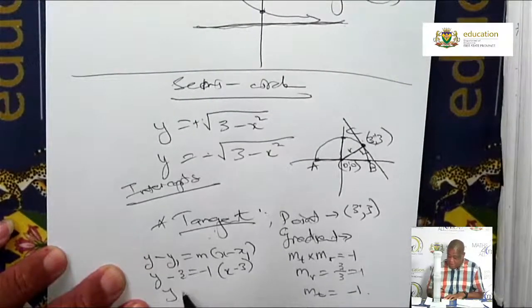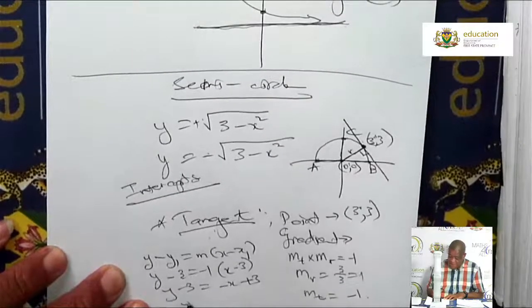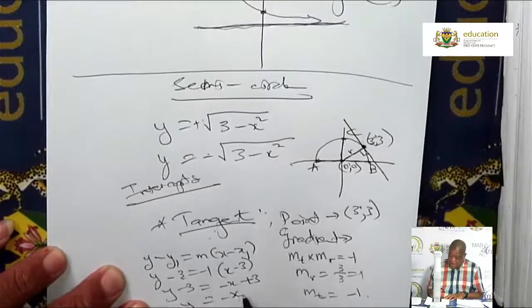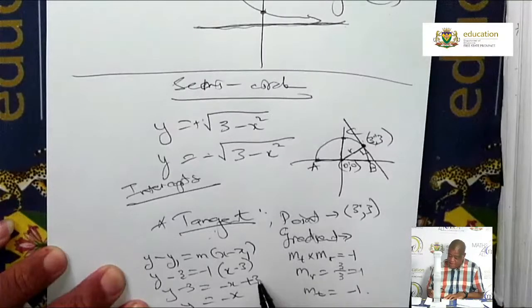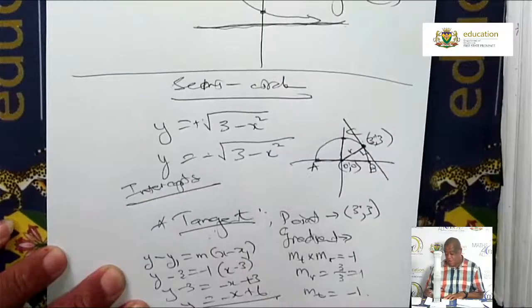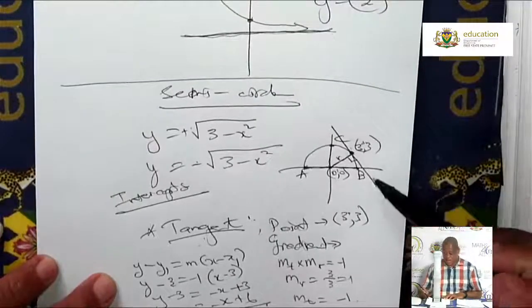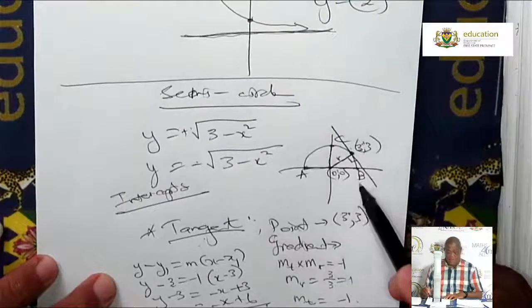That is y minus 3 equals minus x plus 3. So y equals minus x, and 3 plus 3 gives us 6. So the equation of the tangent will be y equals minus x plus 6. That is if the examiner has decided to include a straight line on our semicircle.